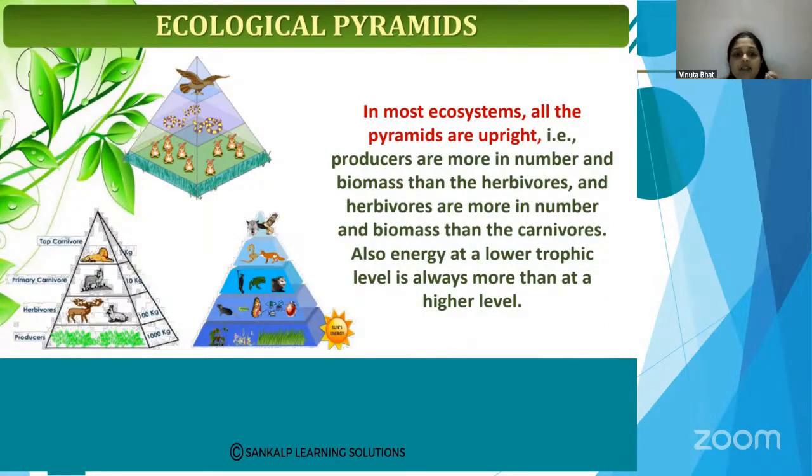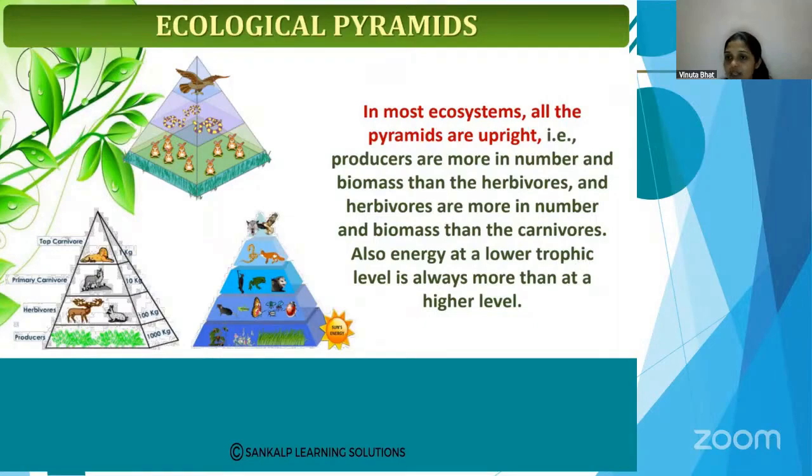So you have seen almost all the pyramids are upright. That is, producers are more in number and produce more biomass than the herbivores, and herbivores are more in number and biomass than the carnivores. Also, energy at a lower trophic level is always more than at a higher level.